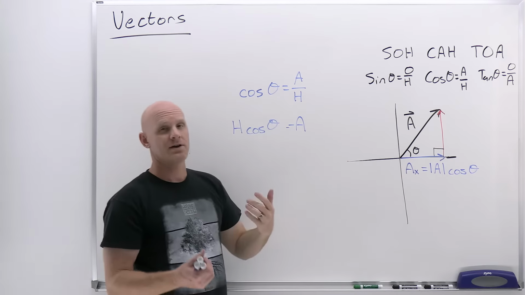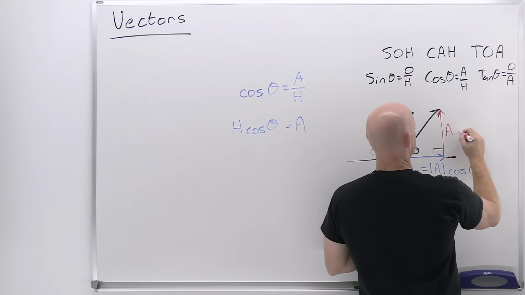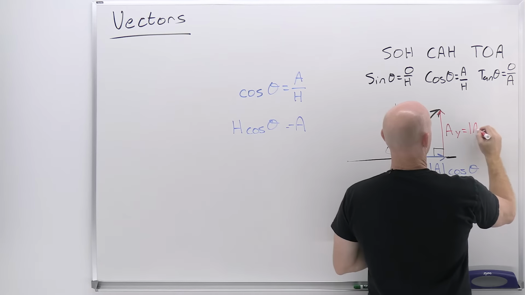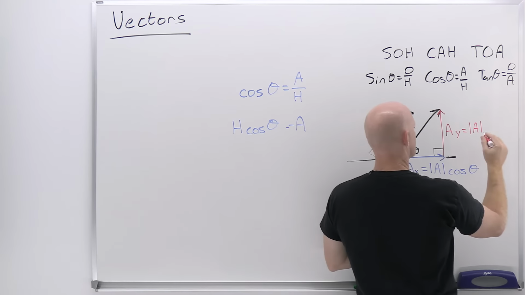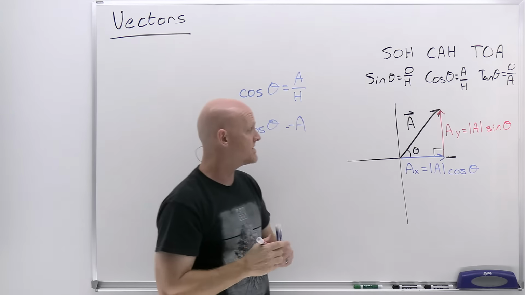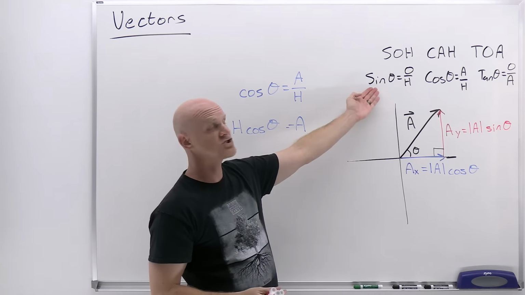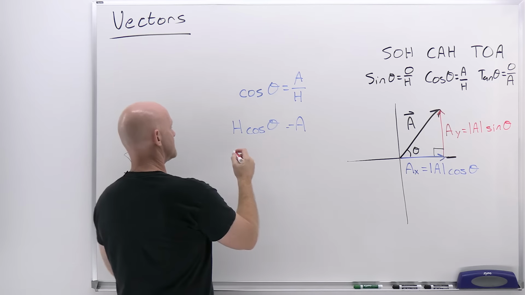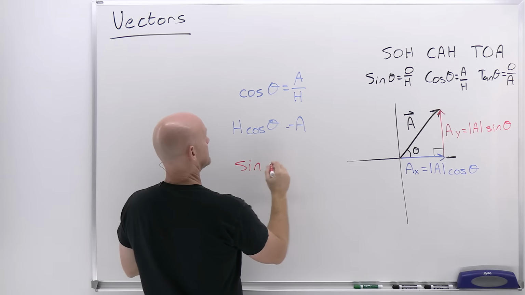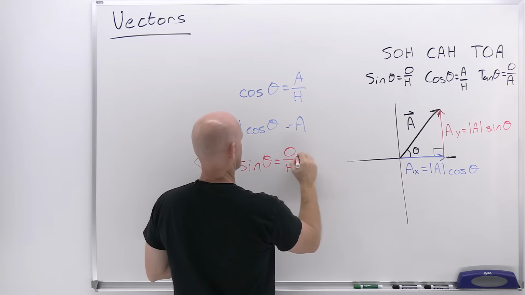Similarly, on the y component, we like to say that the y component of that vector equals the absolute value, i.e. the magnitude of the vector, times the sine of the angle with respect to the x-axis. Well, again, where does that come from? That's going to come from the SO in SOHCAHTOA. The sine of an angle is equal to opposite over hypotenuse.